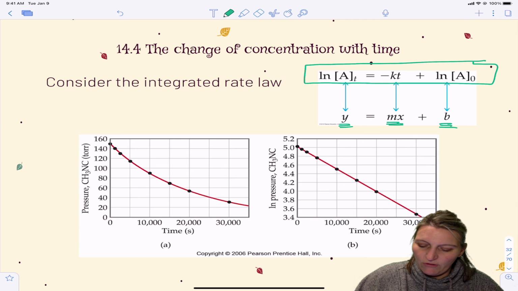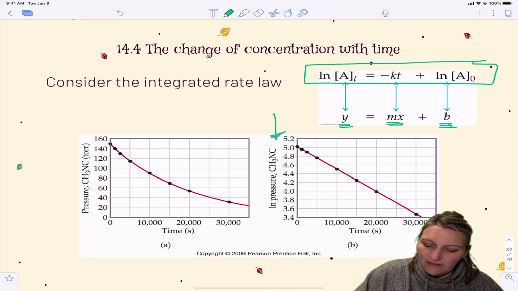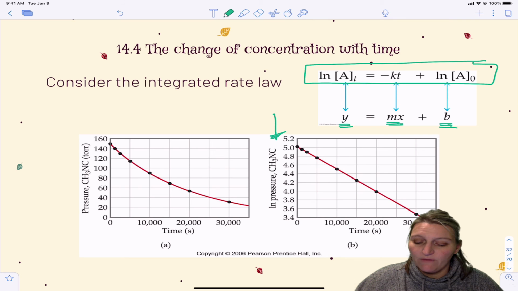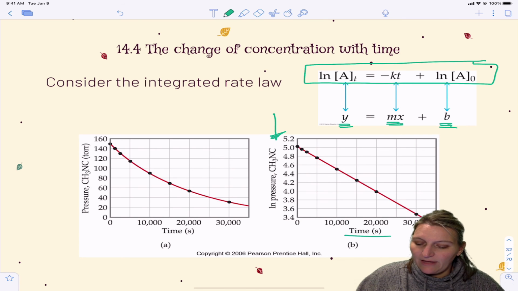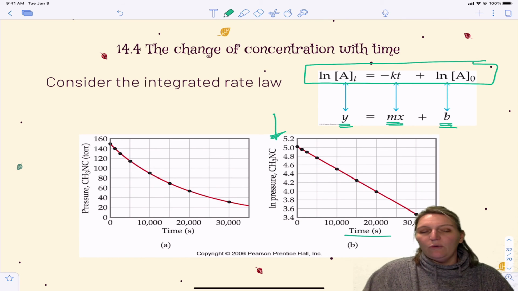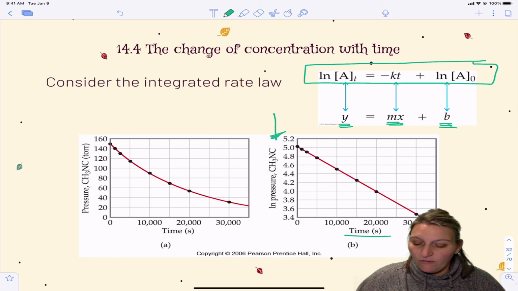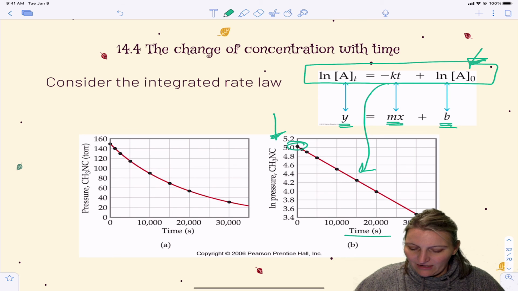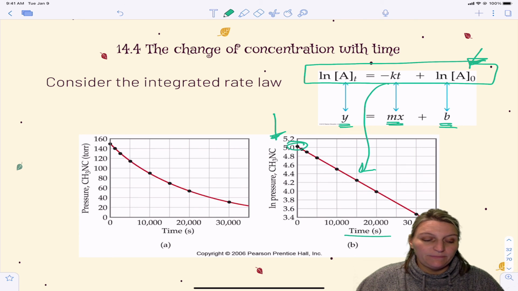If I were to graph on the y-axis the natural log of the pressure, and on the x-axis I were to graph time, then what I would notice is that this actually turns into a straight line, where the y-intercept is the initial concentration, and the slope would be the negative of the rate constant.